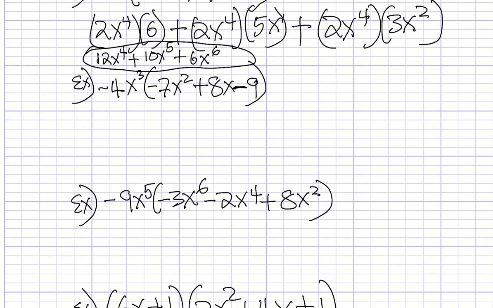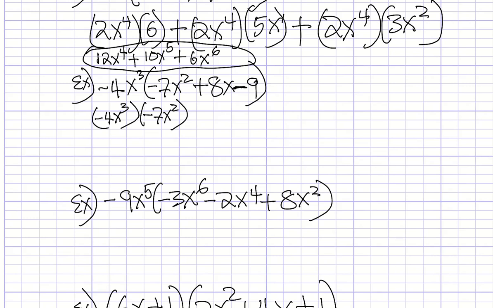We'll do the same thing. We'll multiply each term inside the bracket with the term outside. We'll get 4 minus 4x raised to the power 3, right? Yeah. So we multiply and we'll get minus 7x raised to the power 2.